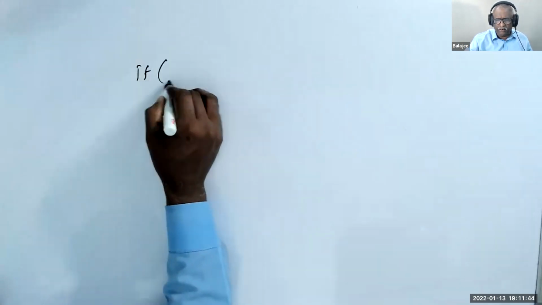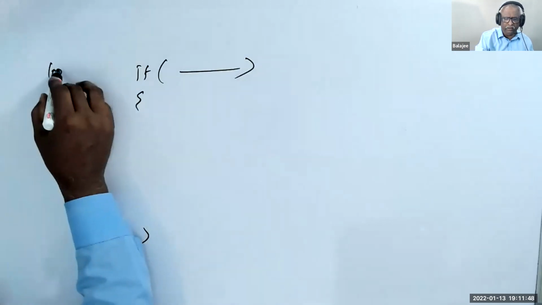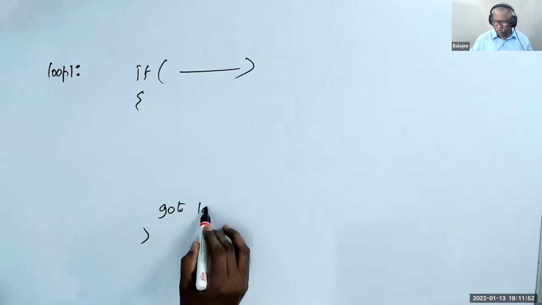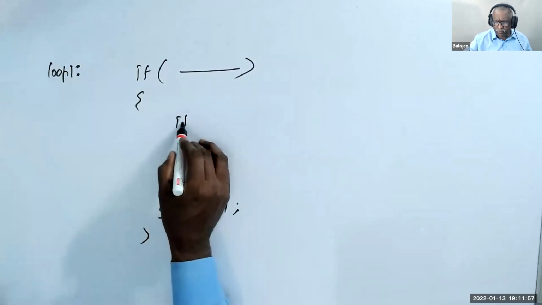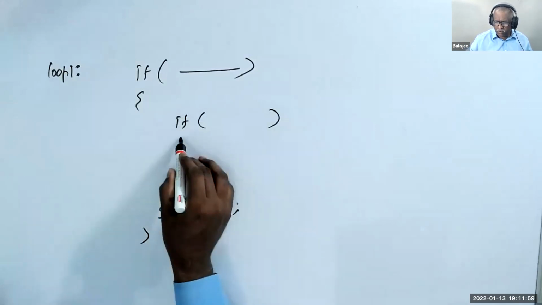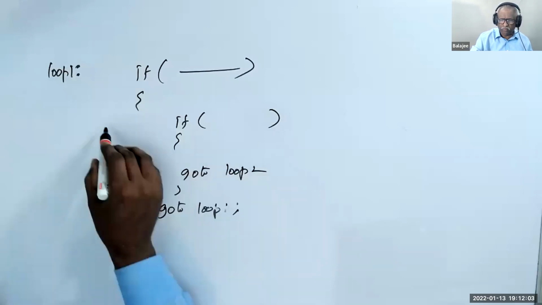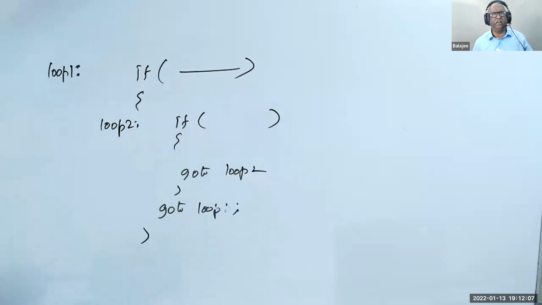If condition, loop one, go to. Now within the condition, you check if, go to loop two. You understand? Where we generally get stuck in programming is this.